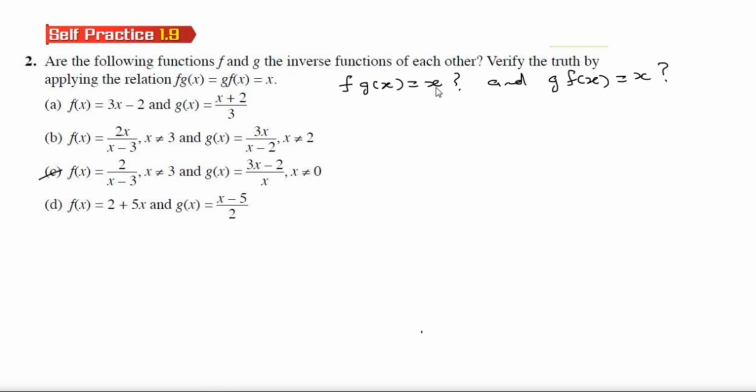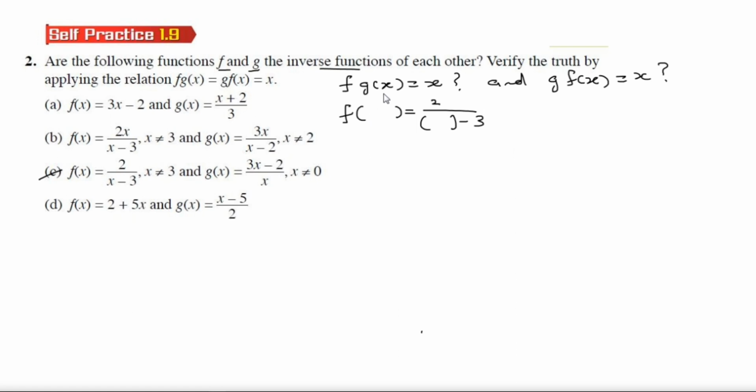If both they are equal to x, then we can make a conclusion: f and g are the inverse function of each other. Let's start now. We start with composite function f(g(x)). So f(x) is equal to 2 over x minus 3.